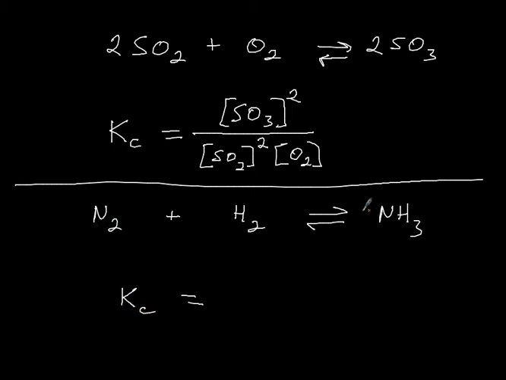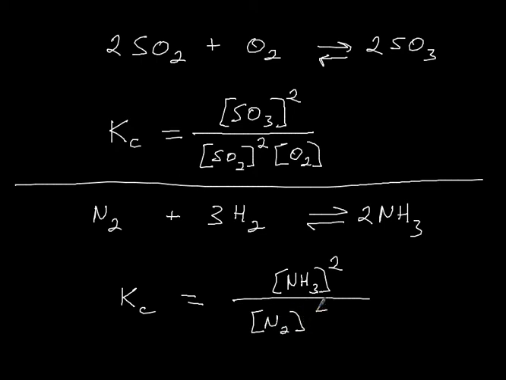And so we're going to put a 2 on the ammonia, a 3 on the hydrogen, and that should take care of it. And so to write our expression here, we're going to have the concentration of ammonia to the second power over the concentration of nitrogen to the first and the concentration of hydrogen to the third. So there would be our equilibrium expression for that particular process.